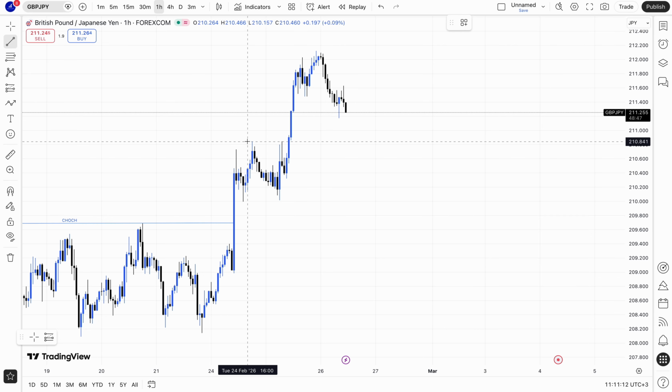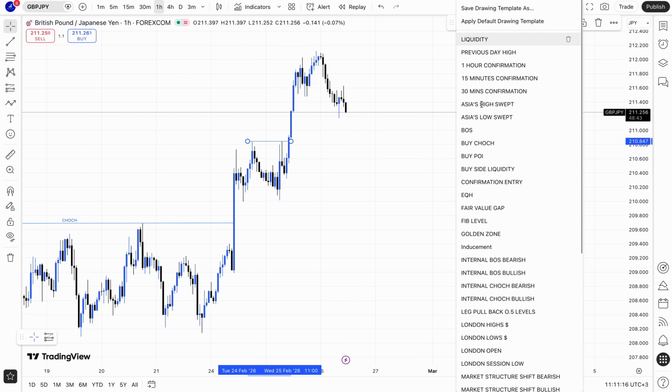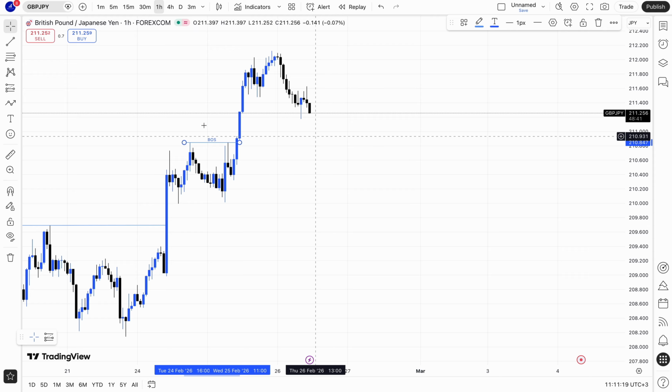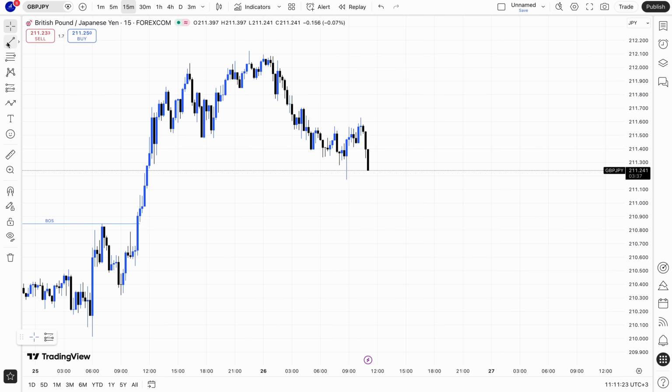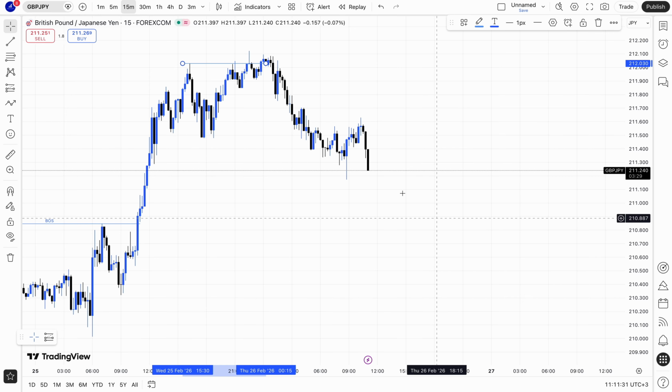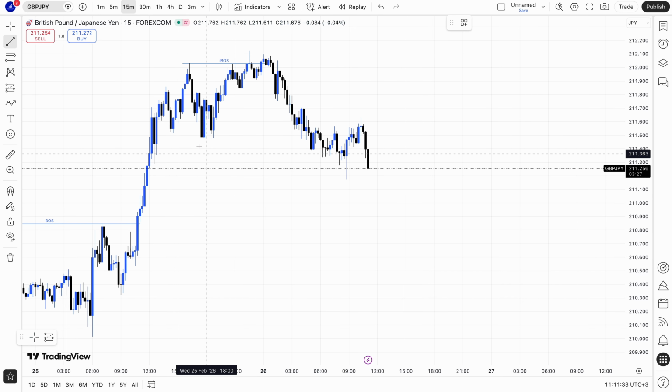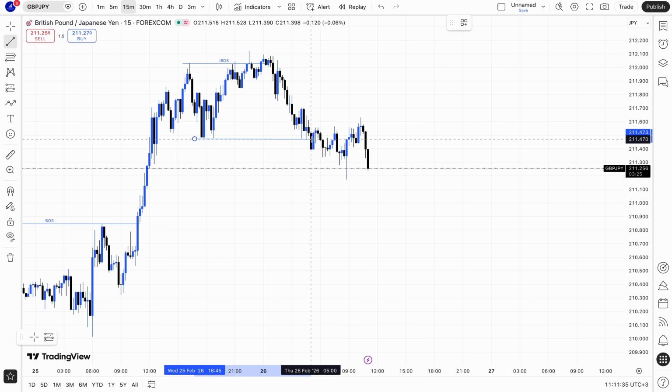And then you had a break of structure to the upside. Then you had a break of structure to the upside, but this time around it's internal market structure. And then the price shifted down.